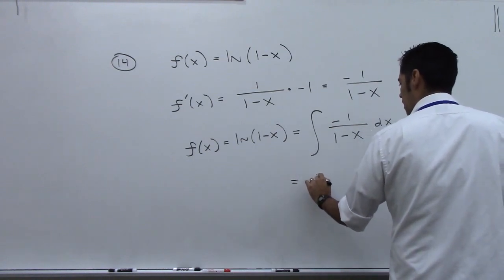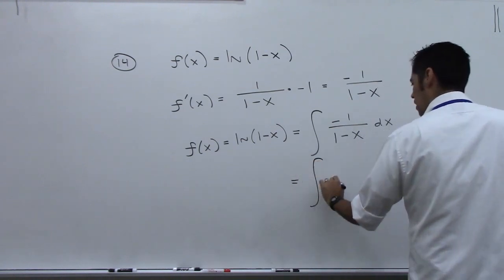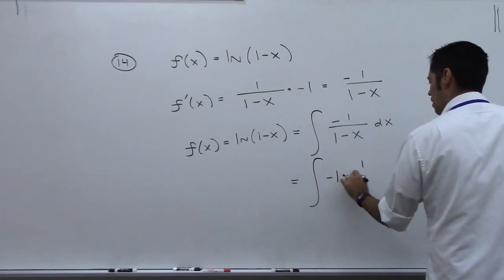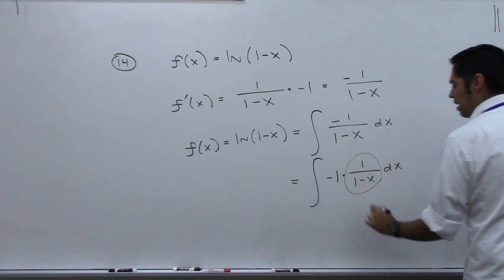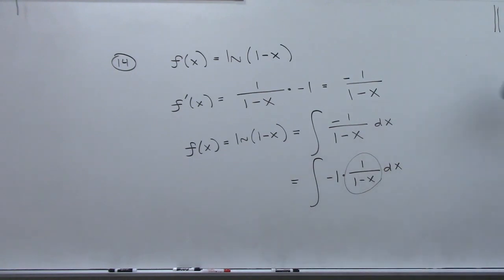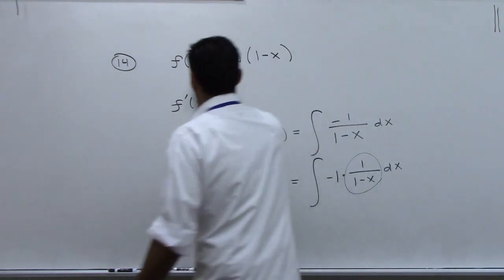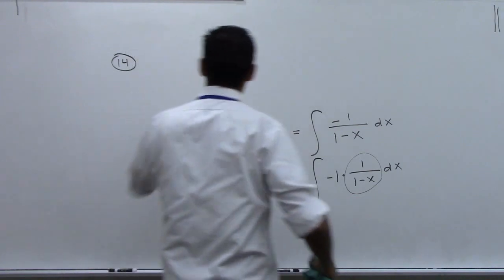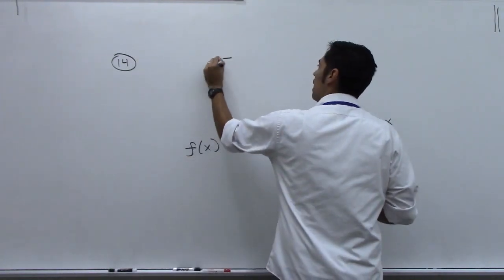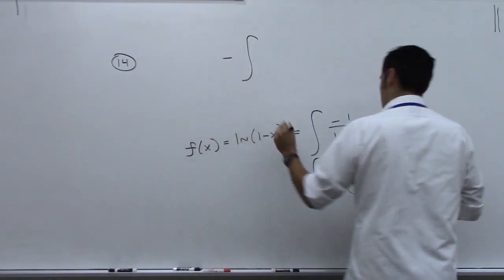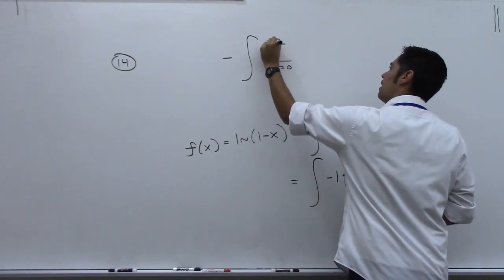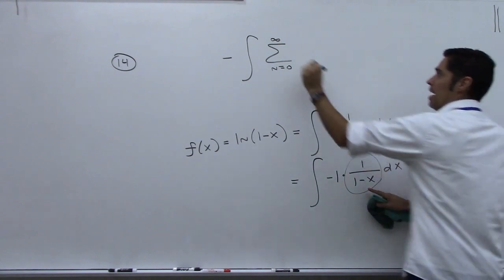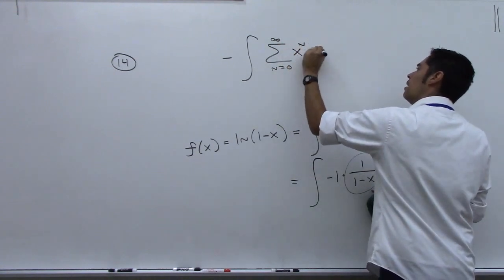So I'm going to write this as integral negative 1 times 1 over 1 minus x dx. And then here's the thing I can turn into a power series. So I have, let me pull the negative out of the integral. Negative integral, this is summation n equals 0 to infinity of just x to the n dx.